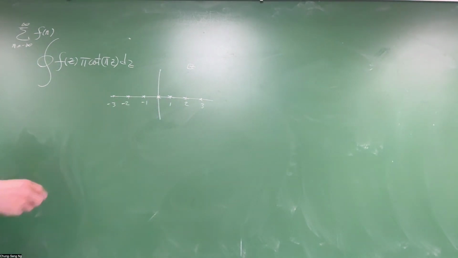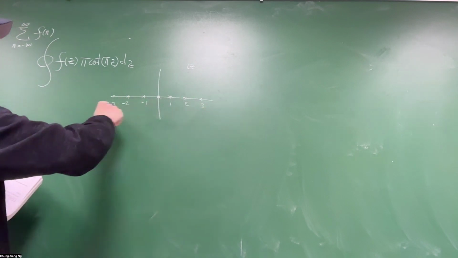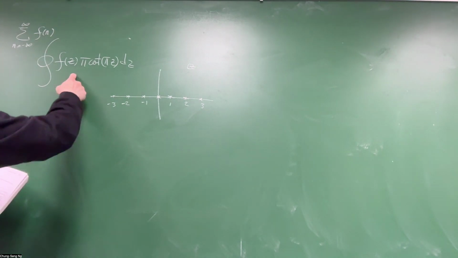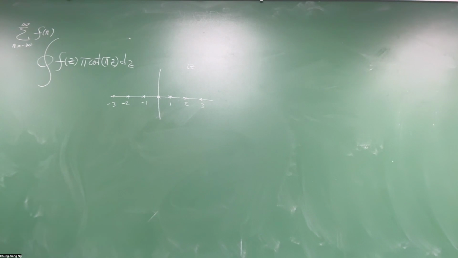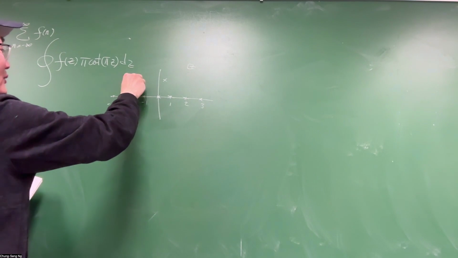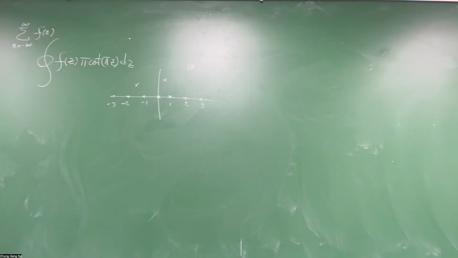But the first case you consider is that all the poles of f are not on the integers. There's an example to talk about how you treat that case otherwise.